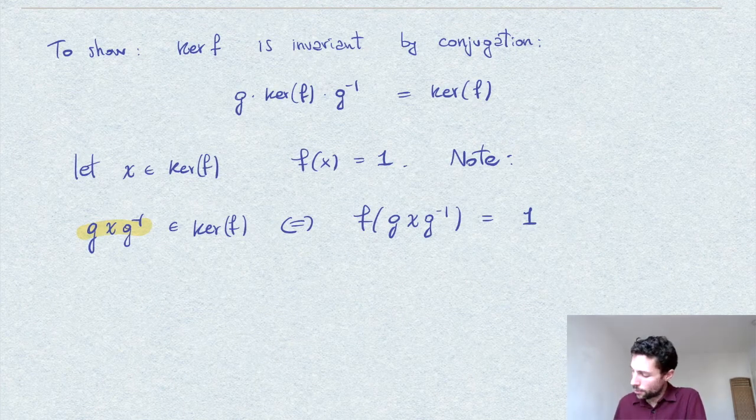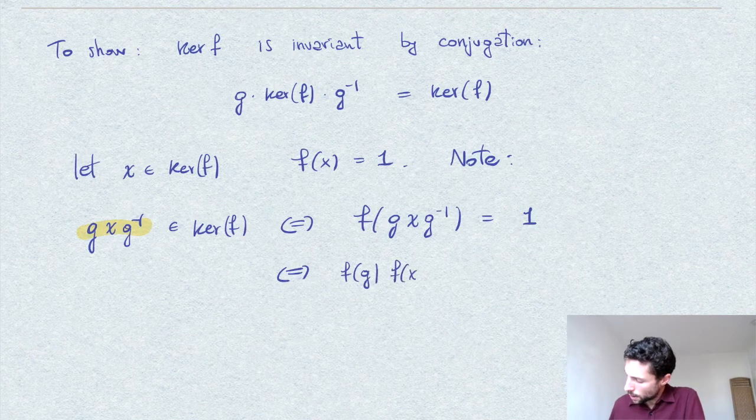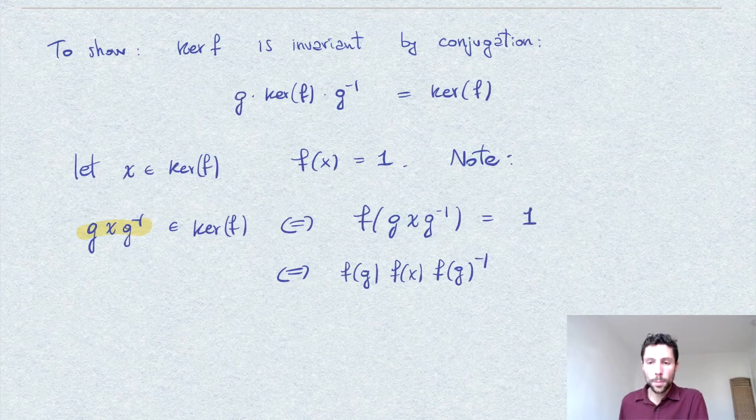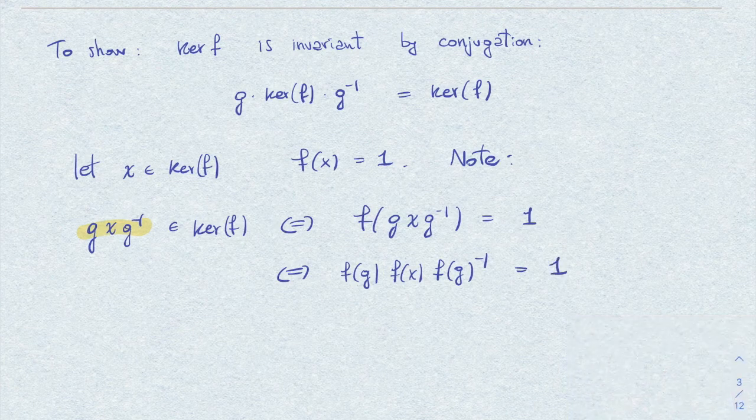Now, since f is a homomorphism, I can rewrite this as f of g times f of x times f of g inverse, which we know by the previous observation is f of g inverse inverse. So this is equivalent to this identity.